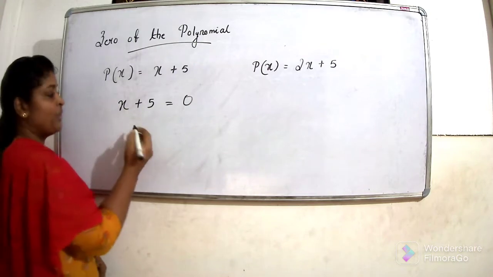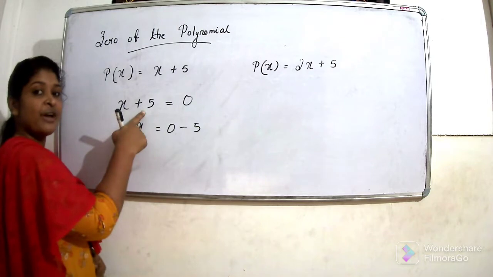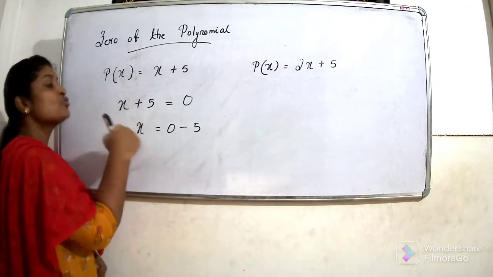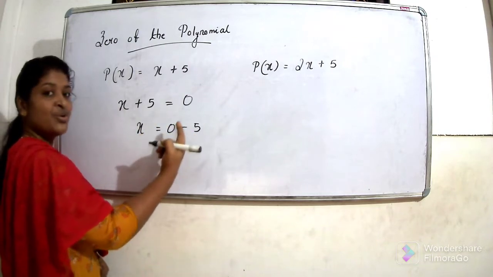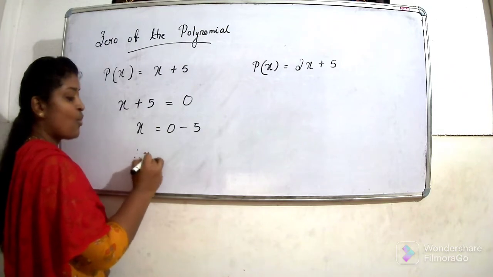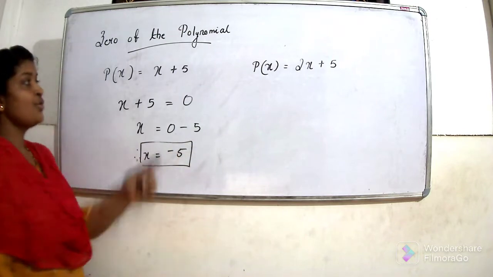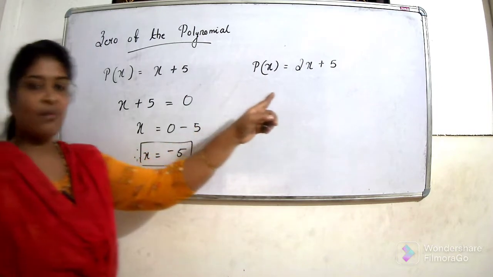By the transposing method. x is equal to 0 minus 5, because this 5 is on the left hand side of the equality positive 5, so on the other side it is negative 5. So x is equal to 0 minus 5, therefore what is the value of x? Negative 5. So the zero of the polynomial is negative 5.